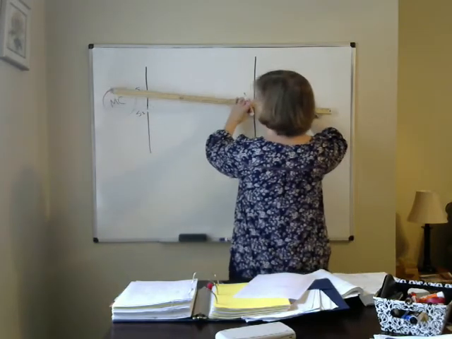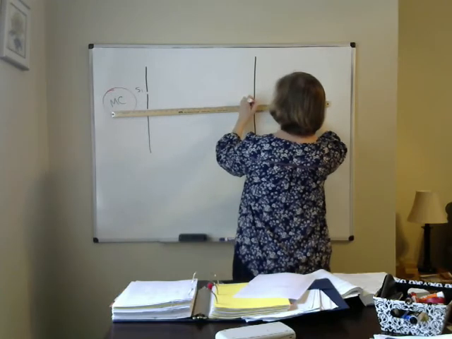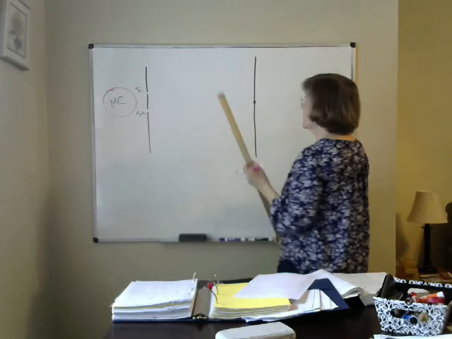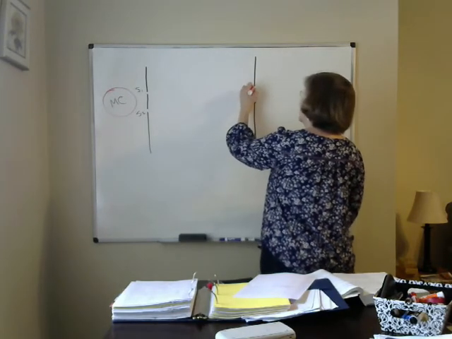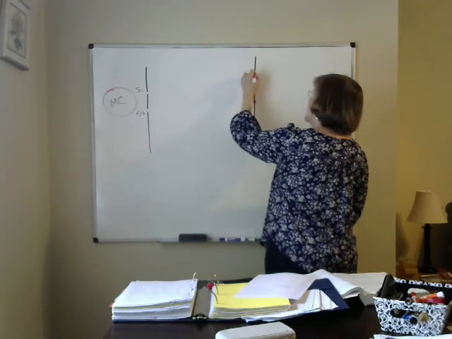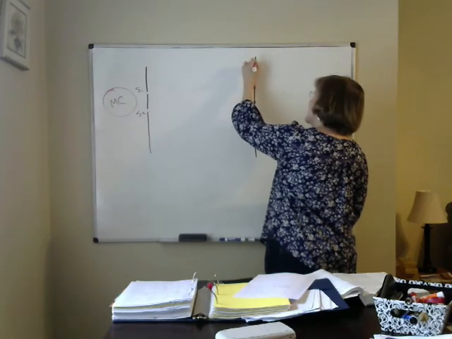Well, directly across from this, if I go right in the middle, that's going to be a bright spot. That's going to be where R1 and R2 are the exact same length. Then there'll be another bright spot and another bright spot and another bright spot.